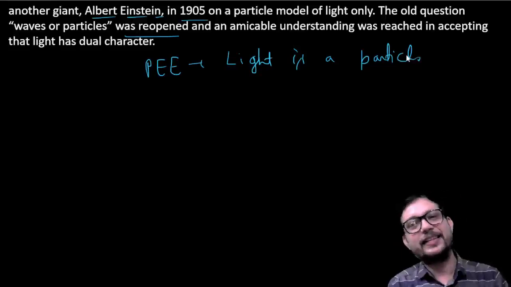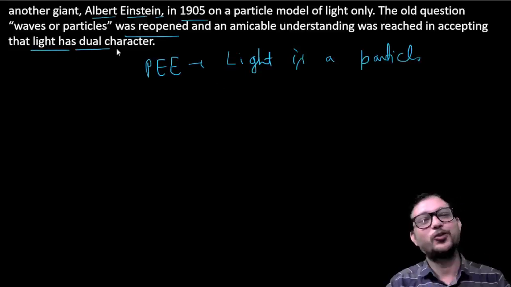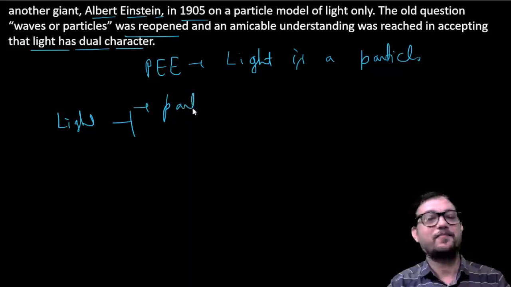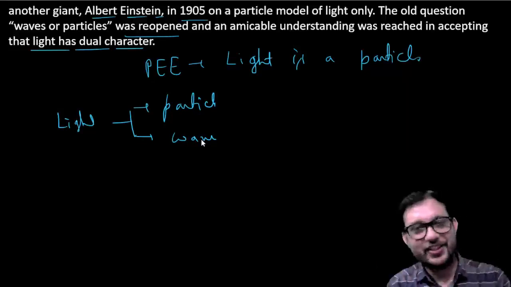So finally, and up to now, we believe that light has a dual nature, meaning light is a particle as well as a wave. So this is the history of light.